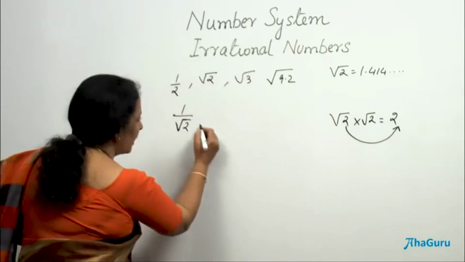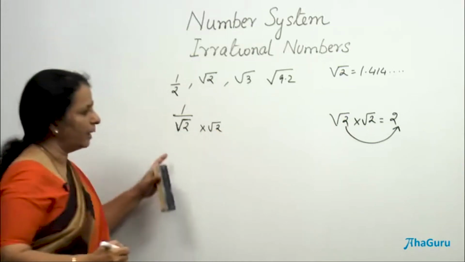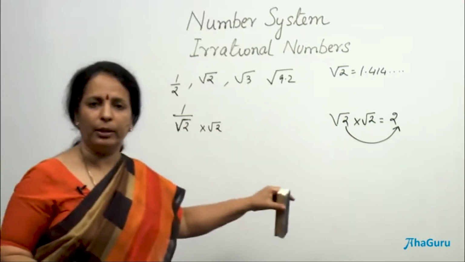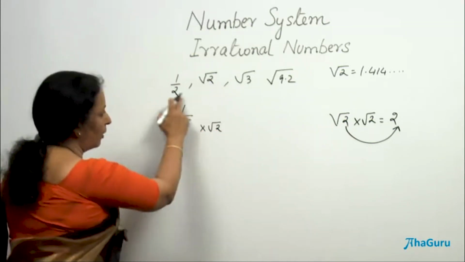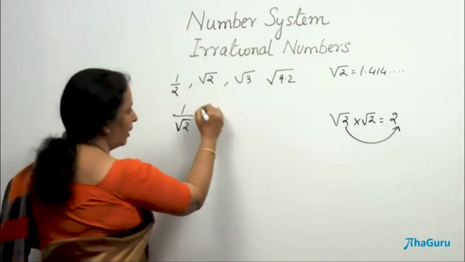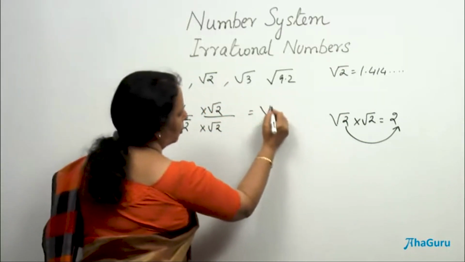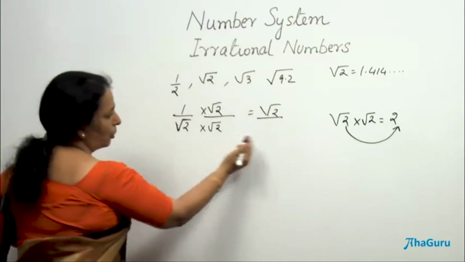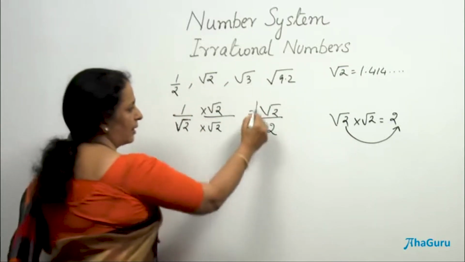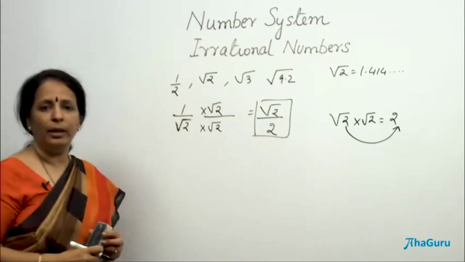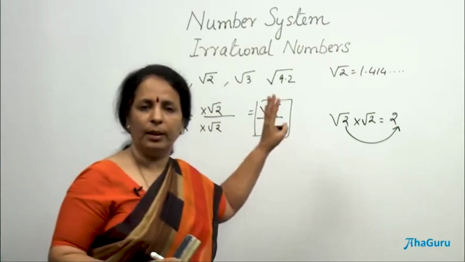So I can multiply this by root 2. But I just cannot go about multiplying only the denominator. In order to keep the value of the fraction the same, I have to do it for the numerator also. So what do I get? Root 2 by denominator, root 2 into root 2 is 2. Now this is a number which can be plotted on the number line.